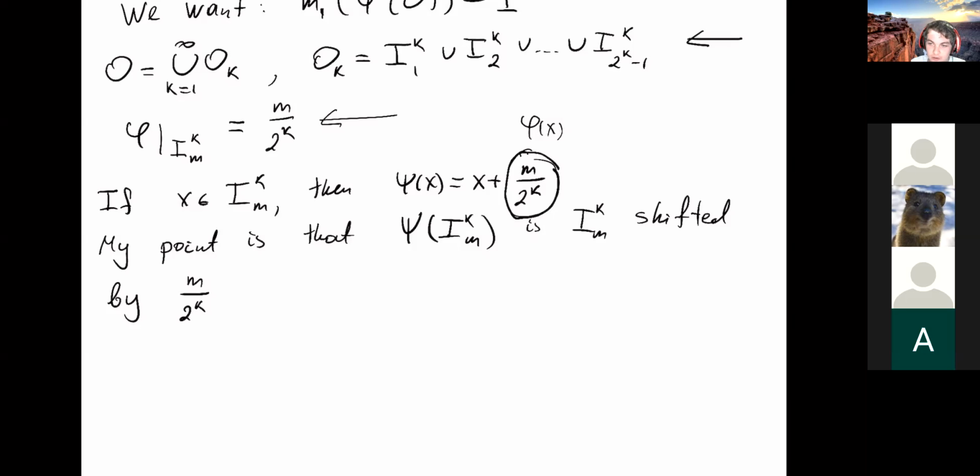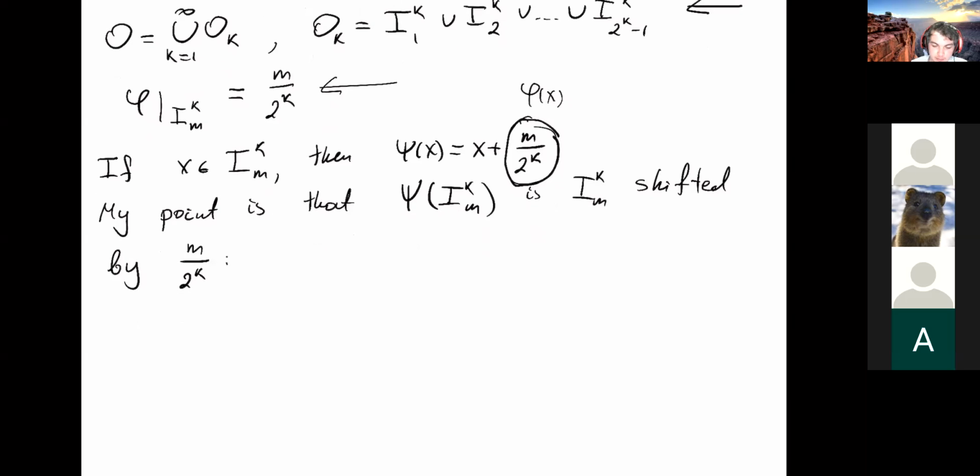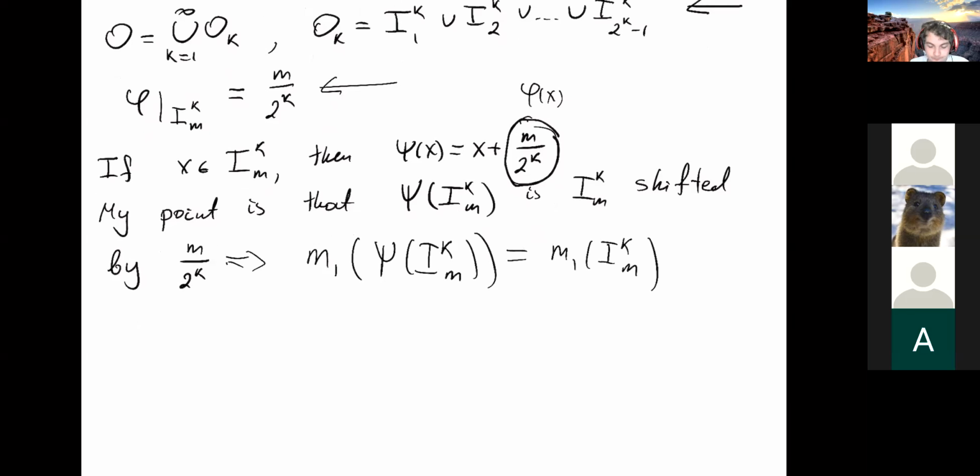Okay, so I explained why this sentence, my point, works. And this implies, because the Lebesgue measure doesn't care about shifts, so the Lebesgue measure of a shifted set is the same as the Lebesgue measure of the original set, that the measure of the image of psi of I_{k,m} is equal to the measure of the interval I_{k,m}.